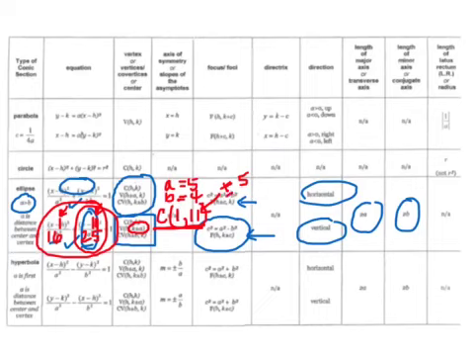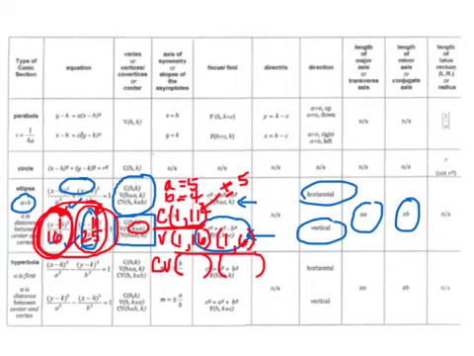So if you needed to find the vertices, you would add 5 to the 11, which would be 16, and then subtract 5 from the 11, which would be 6. If you'll notice on the previous page, these were our vertices. Our co-vertices are found by adding the 4, which is your b value, to the x, because the 4 squared is what was under the x. So we add it to the x part of our center, which is our h. We add and subtract 4 to the h value.